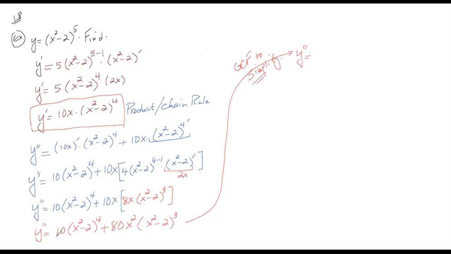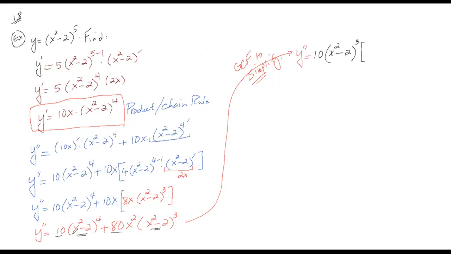And if you look at it, there's a 10 here and an 80. So I've got 10 in common. And then I also have x squared minus 2 in both. You take the one with the least exponent. So your GCF is 10 x squared minus 2 to the 3rd.